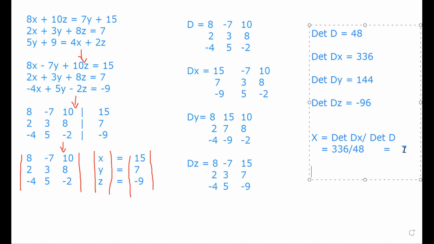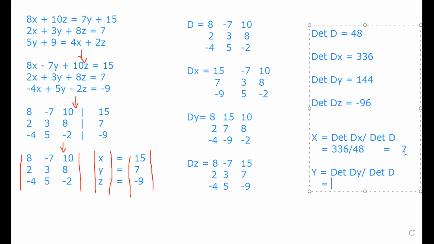And next, y is equal to the determinant of dy divided by the determinant of D, which is 144 divided by 48.